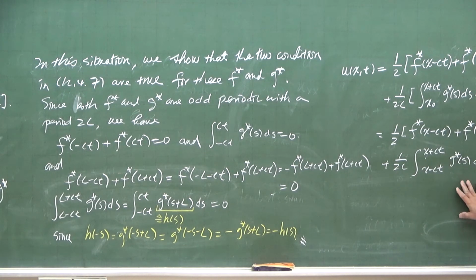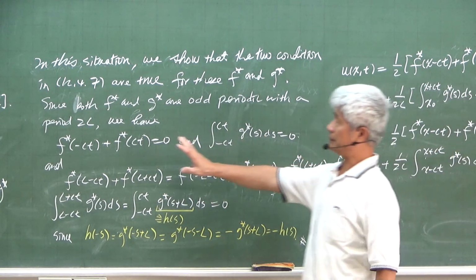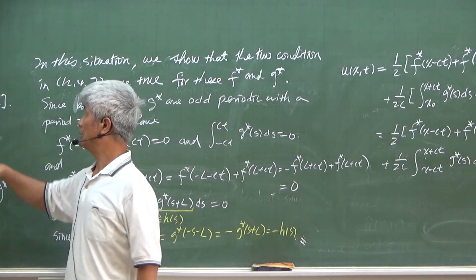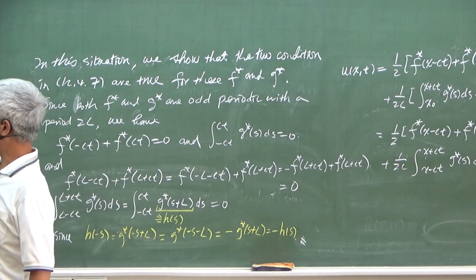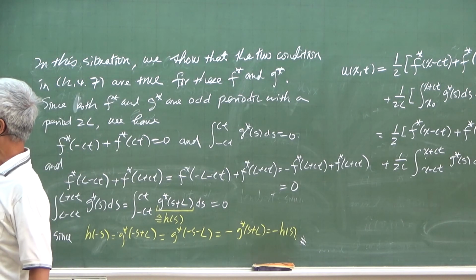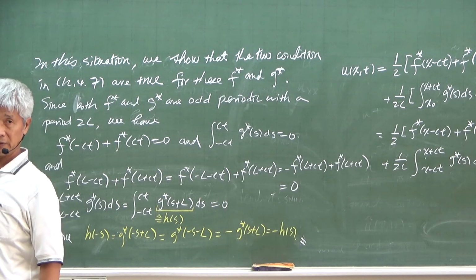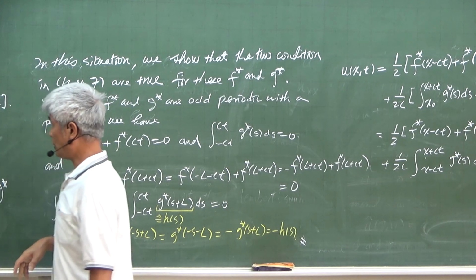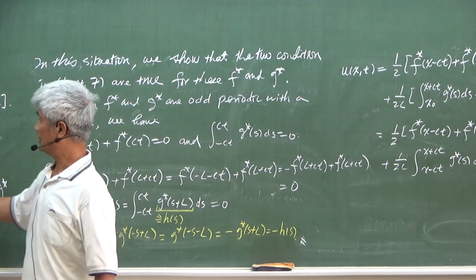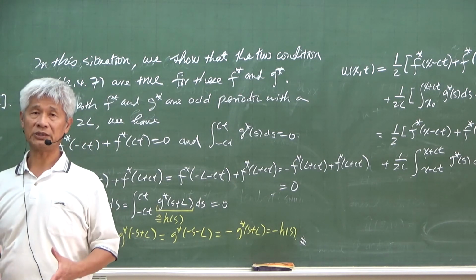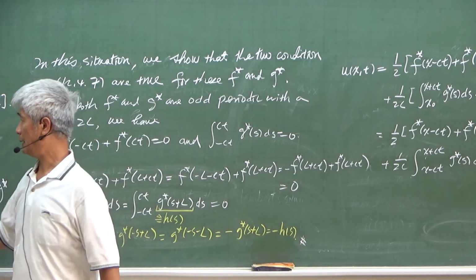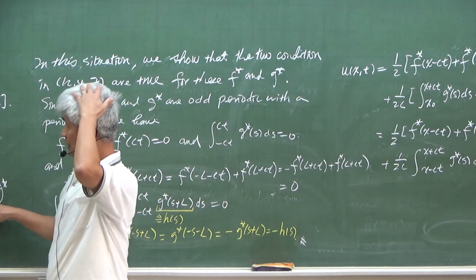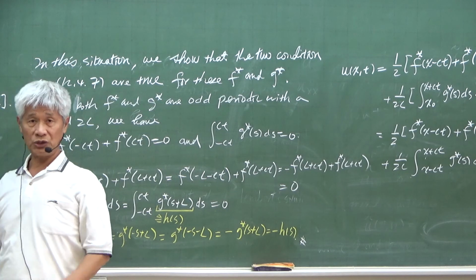Okay. And when we go back to our problem of the vibrating string, we actually specify the initial condition over this finite interval only. So we may regard f star and g star as periodic functions with period 2L, so that they can be constructed from f and g uniquely.